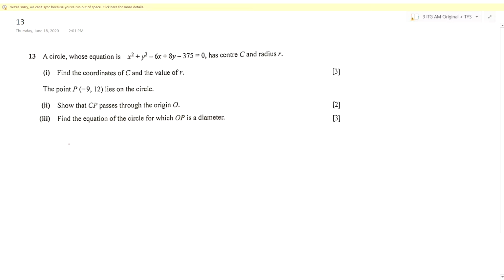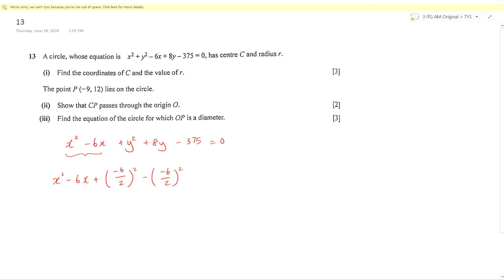So by completing the square, we will arrive at x squared. Let's group all the x terms together. Minus 6x plus y squared plus 8y minus 375 equals 0. So let's complete the square for this. X squared minus 6x. So we add negative 6 over 2 squared. Take away whatever we have just added.